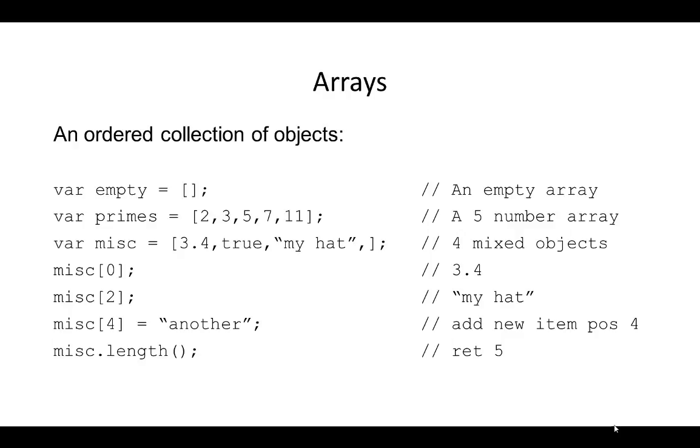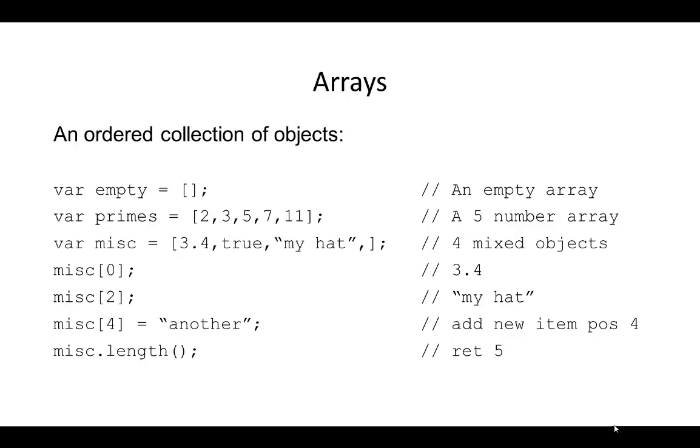If I want to add another item in a numbered position, I just do miscellaneous, then the new number of the item, and then equals the value that I want to put in. If I wanted to change the value of the first item, it would be misc 0 equals a value, and that would just change that item in the array.